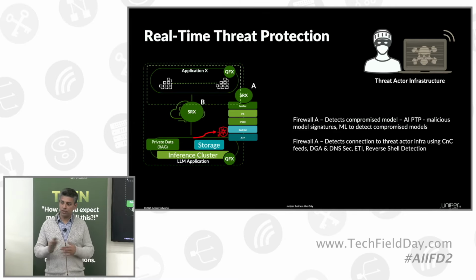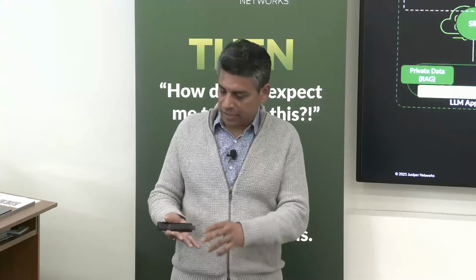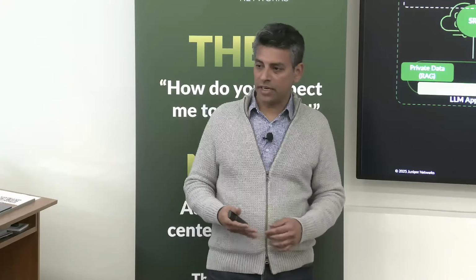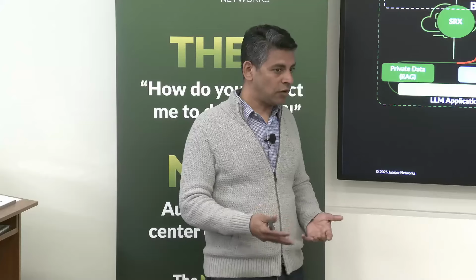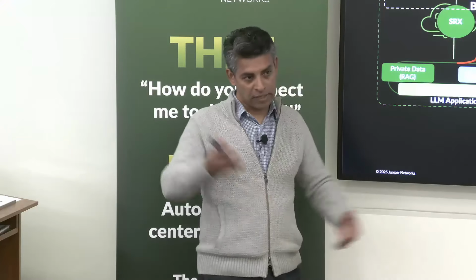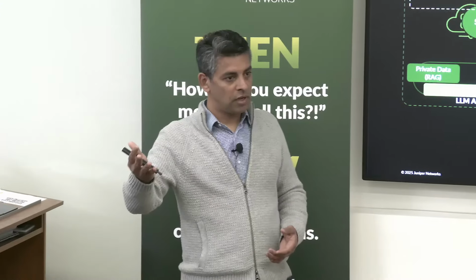Even if your connection to the threat infrastructure is encrypted, there are a lot of markers in that encrypted tunnel: the IP address it's connecting to, the handshake, the certificates, the beaconing behavior. All of this can be used to give a high level of confidence that that model is compromised, is talking to some kind of threat actor's infrastructure, and we need to block that, or we need to report on that.